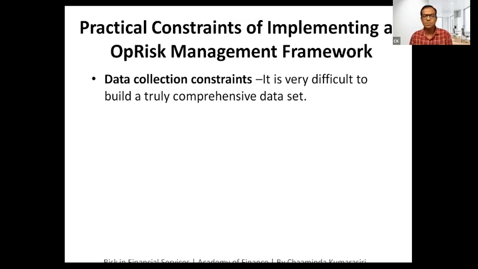It's people, processes, systems, and external events. And it can happen anywhere in the organization. Therefore, you have to have a robust mechanism to collect data from all the points, making sure that you don't miss out on anything. It is not easy because it is not possible to create data feeders to cover all instances.